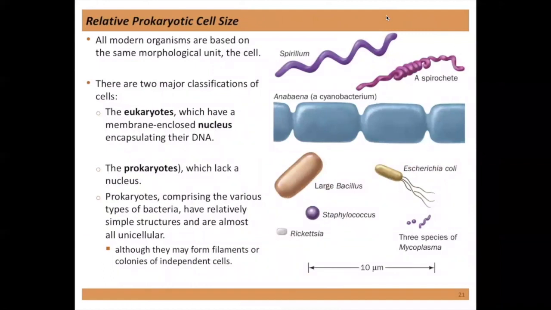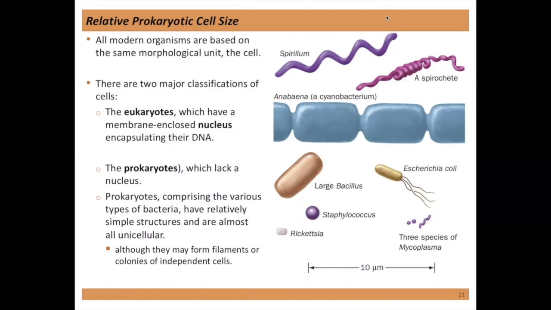So if we start looking at just prokaryotic cells, all modern organisms are based on the same morphological unit, which we refer to as the cell, which is just this membrane-bound compartmentalization of the biomolecular reactions. As I mentioned, there's two major classifications: eukaryotes, which have, in general, the biggest difference, a membrane-enclosed nucleus encapsulating the DNA, and the prokaryotes, which lack this nucleus.